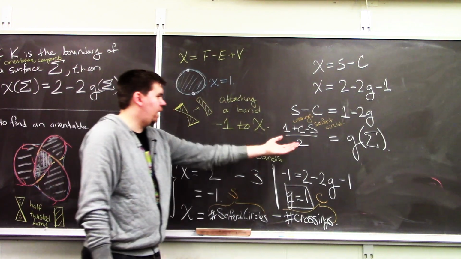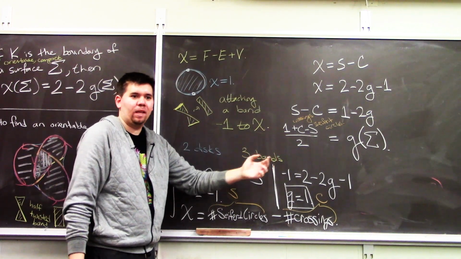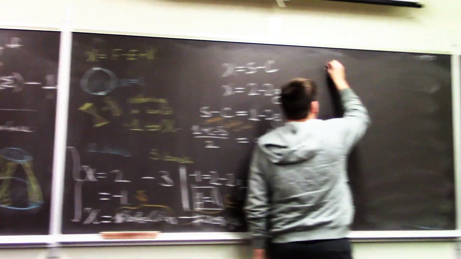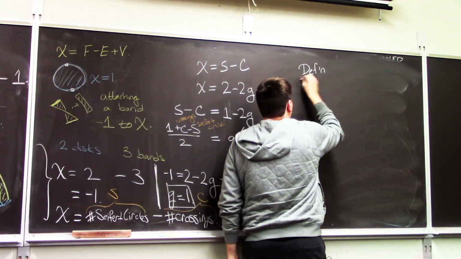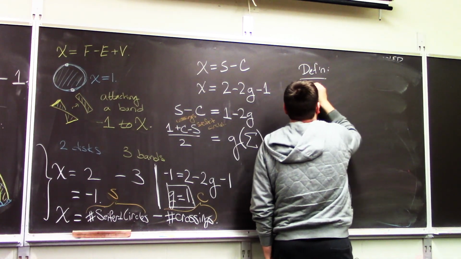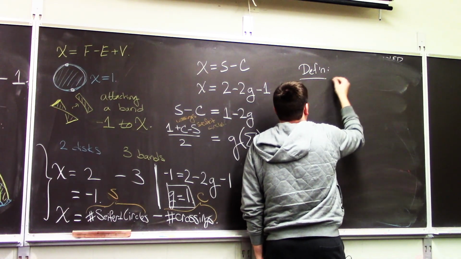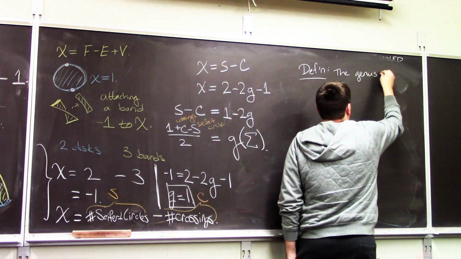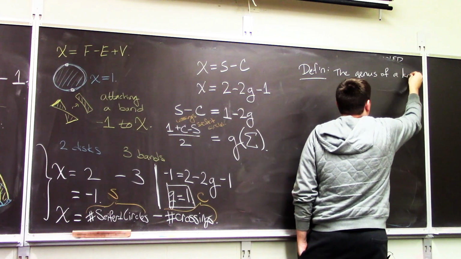We now have the way to find the genus of a surface. Now what we want to do is define the genus of a knot.